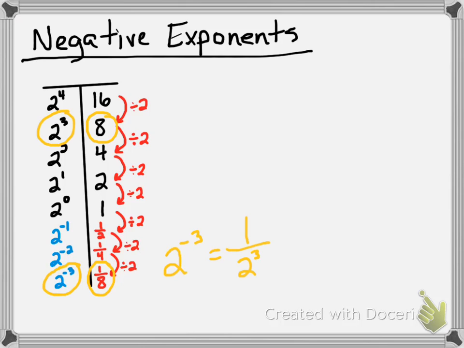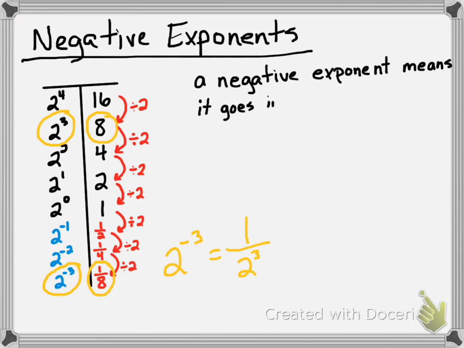So the definition of our negative exponent is just that it places that value in the denominator. That's what negative exponents do. That's the main thing you need to understand for today's lesson.